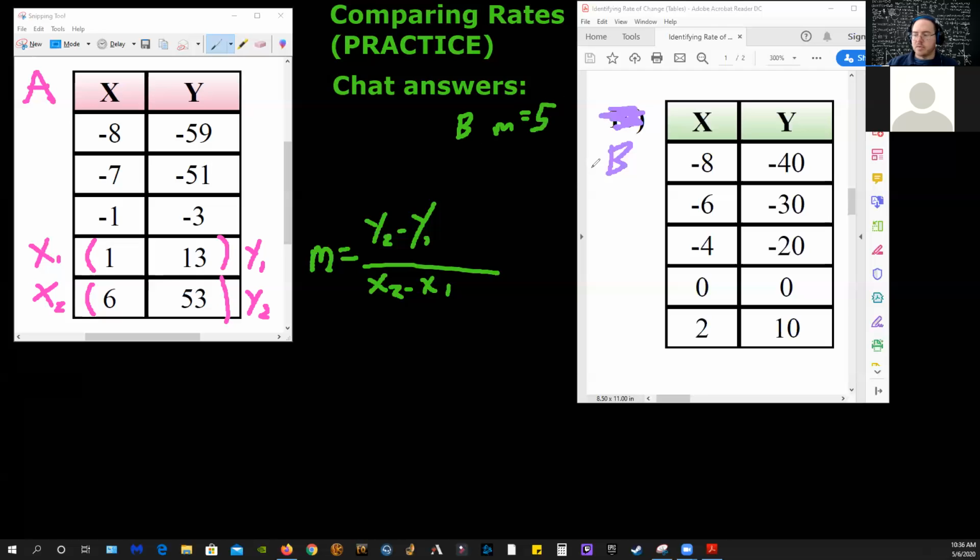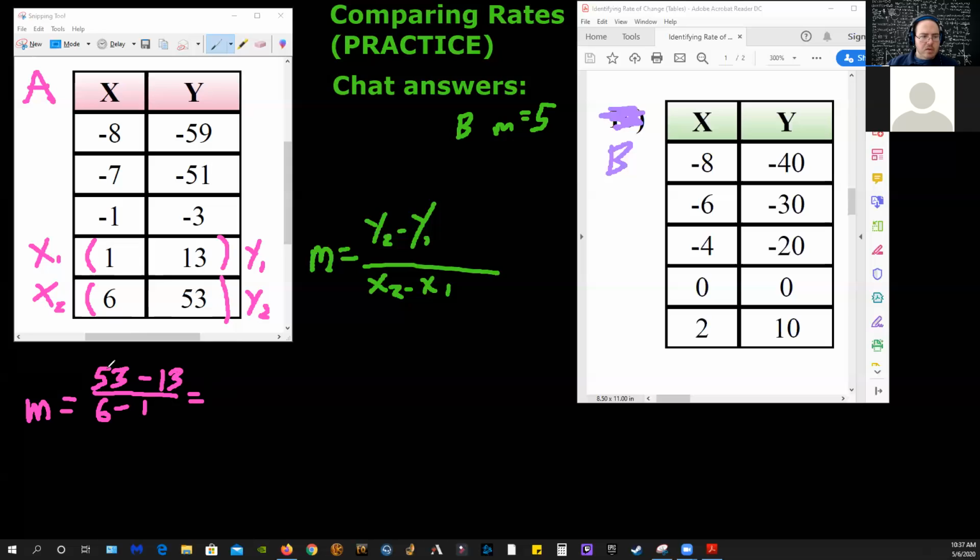As I get answers from chat, I'll write them down. I'm not sure what you meant by 8. Can you clarify? Let's see. So in the formula, that means that for A, we would do 53 minus 13 over 6 minus 1.